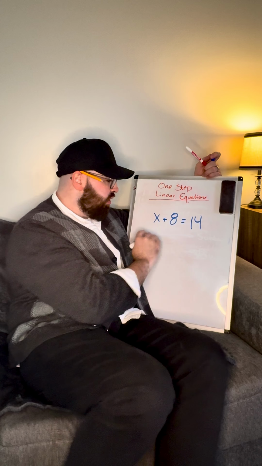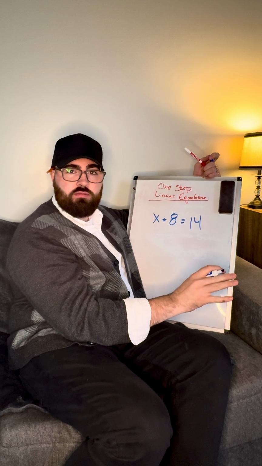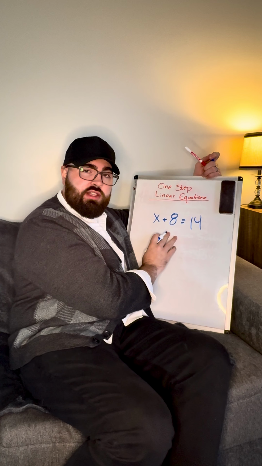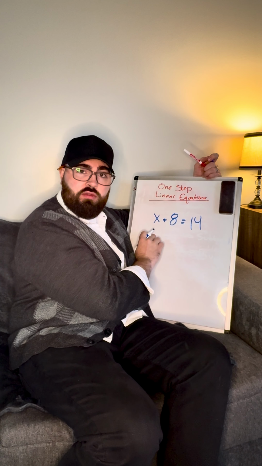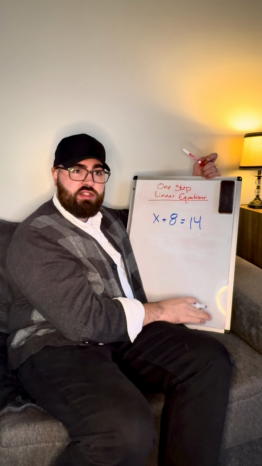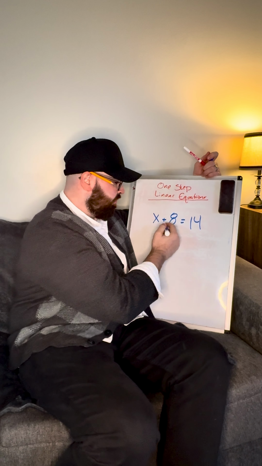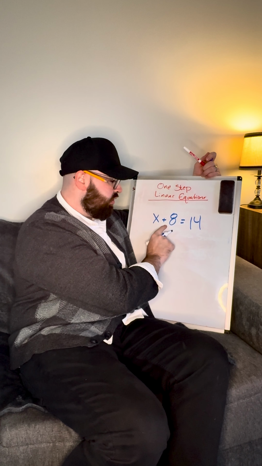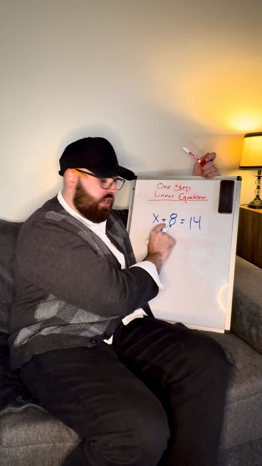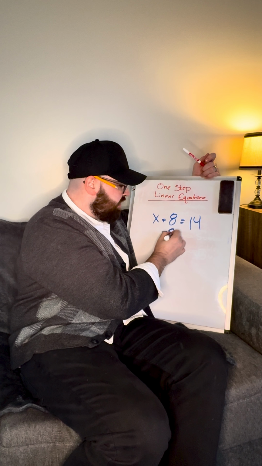If you already know the answer, awesome. Way to go. Let's look at the steps here. We need to get x by itself. Always. The goal is always to get x independent. So I do the inverse operation of what's here. This is plus 8, so I minus 8.